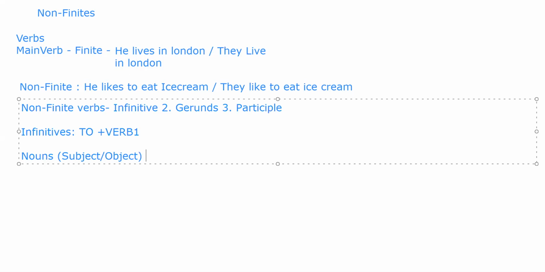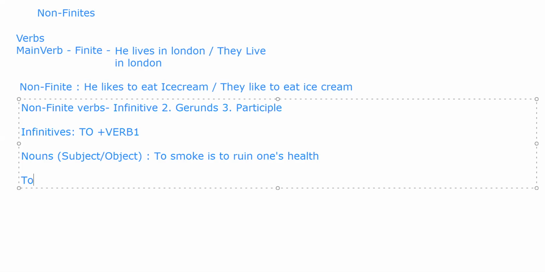So look at the following sentences. For example, to smoke is to ruin one's health. Or we can say to err is human.